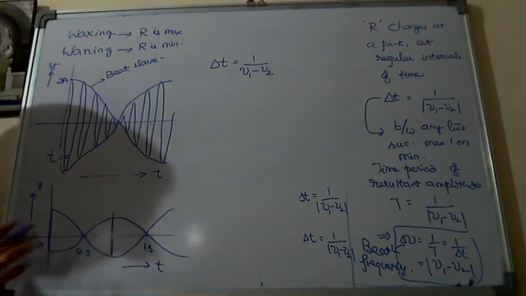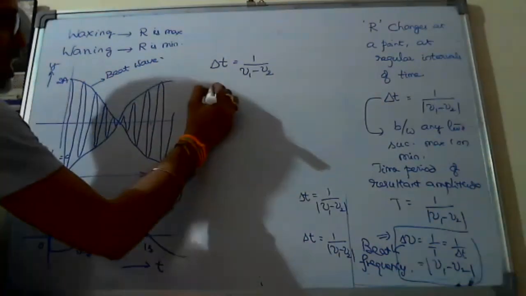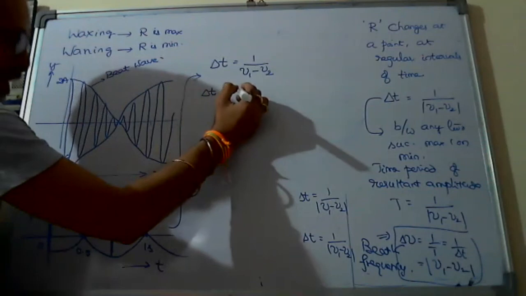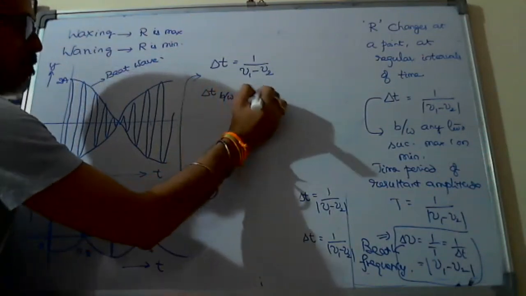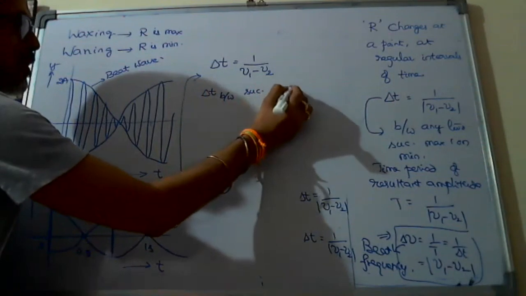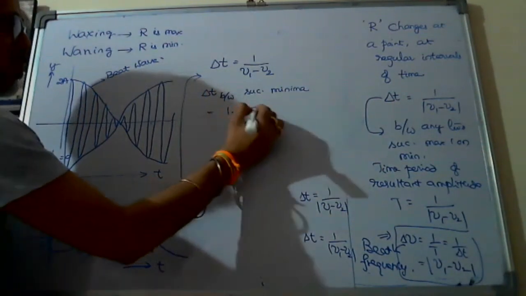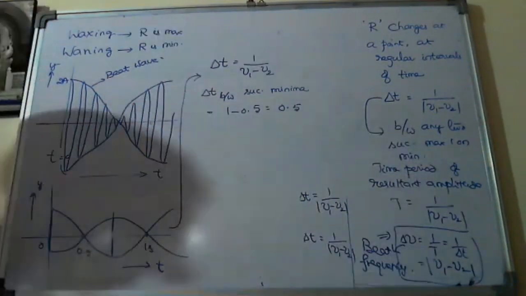So delta t, from the given graph, between any two successive minima is 1 minus 0.5, that is equal to 0.5.